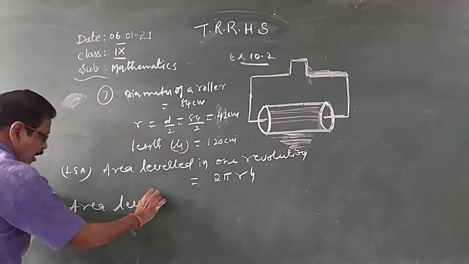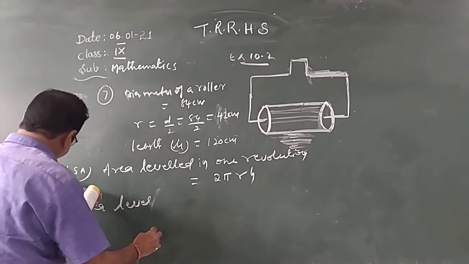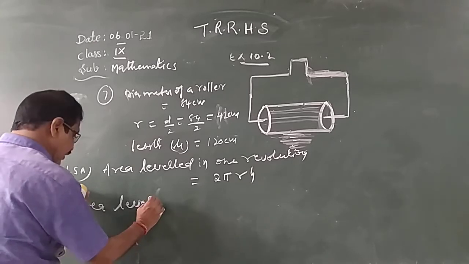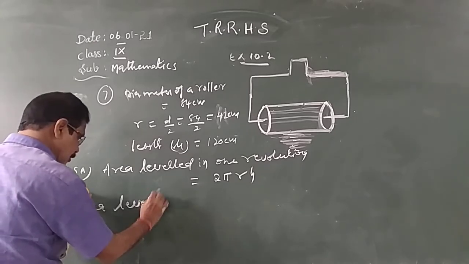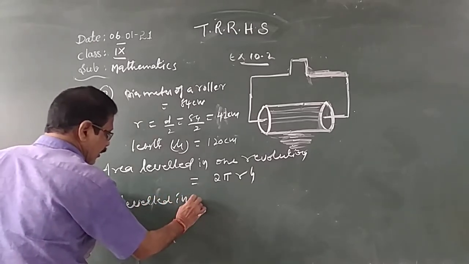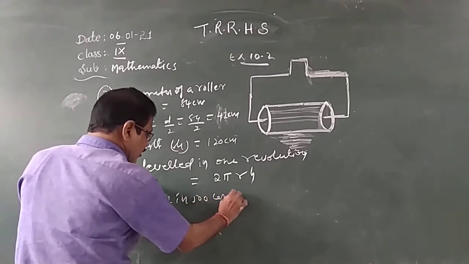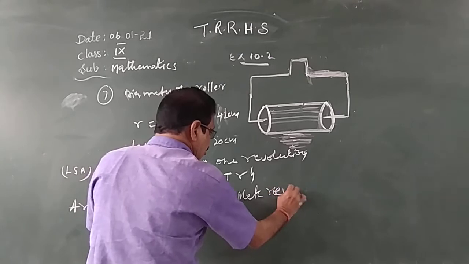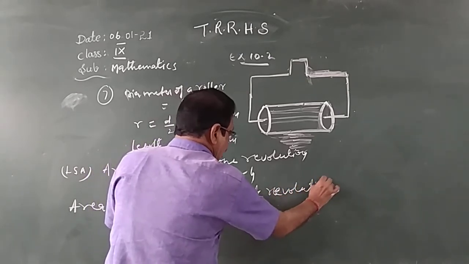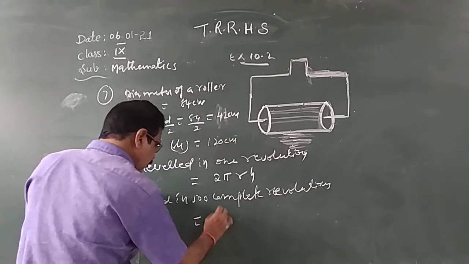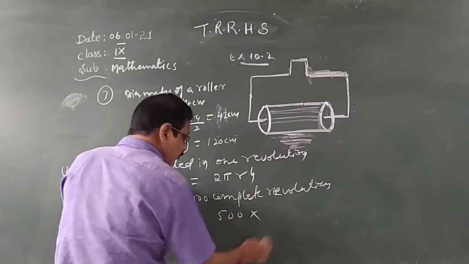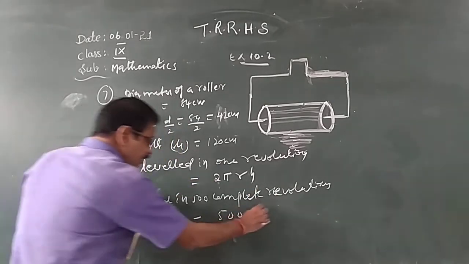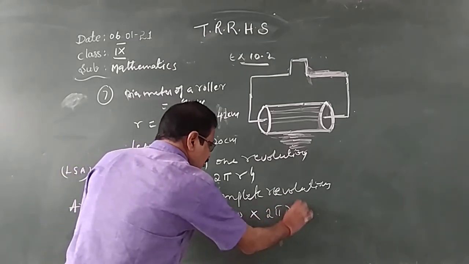Area leveled in 500 complete revolutions is equal to 500 into the area in one complete revolution, 2 pi r h.